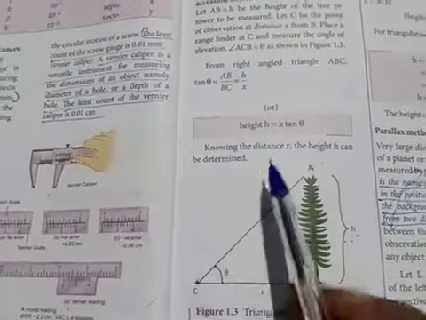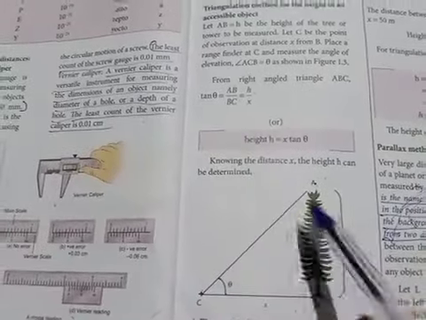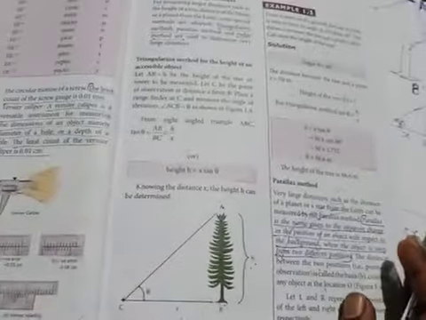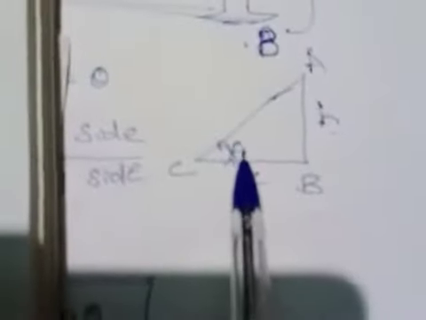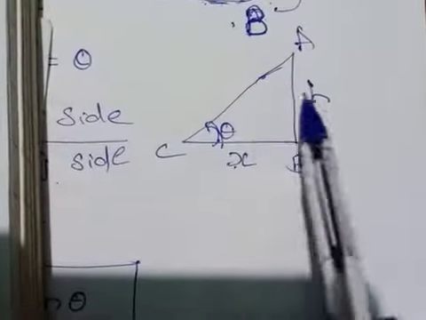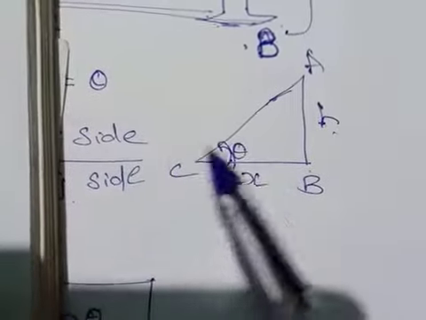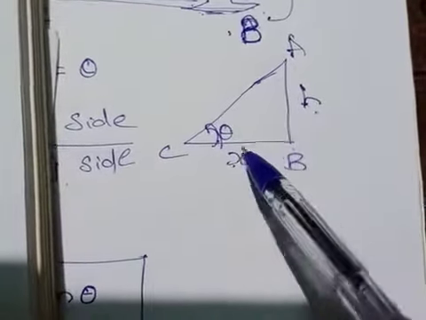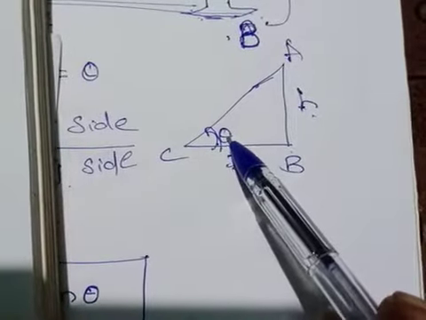So we can use this formula from the right angle triangle. We consider one right angle triangle A, B, C with theta, H, X, and we take opposite side by adjacent side as tan theta.